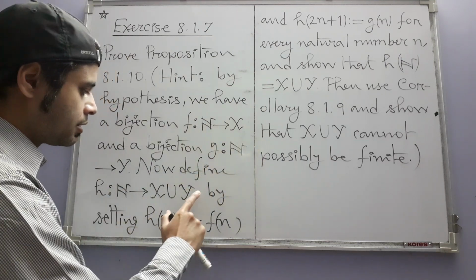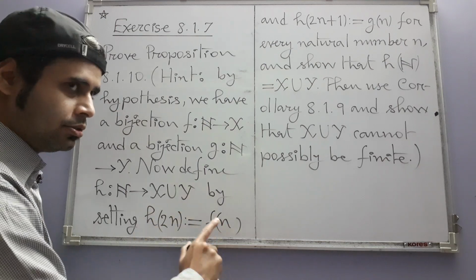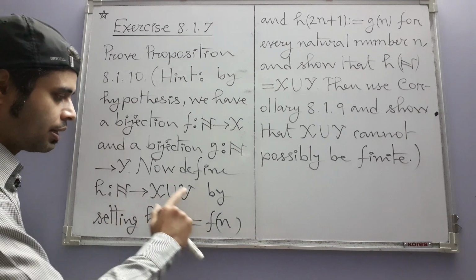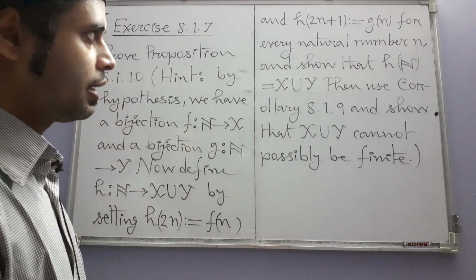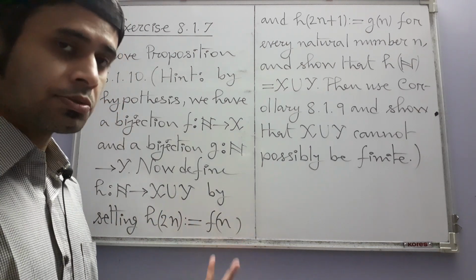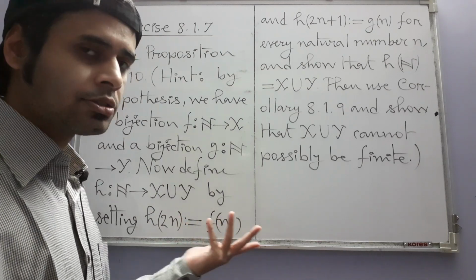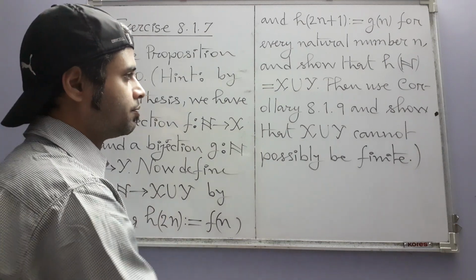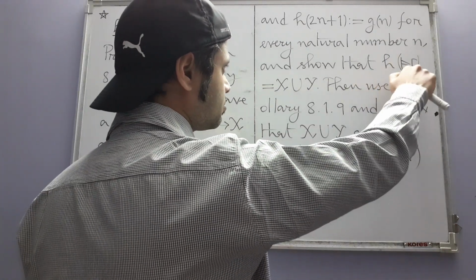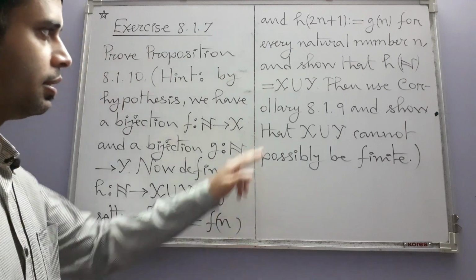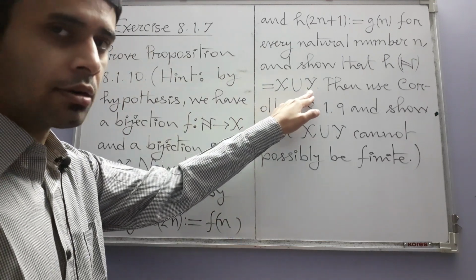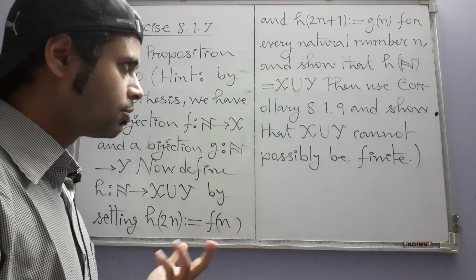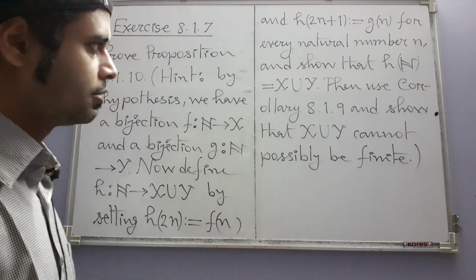Now these bijections should be used to set up a function h from N into X union Y. We will then have to show that the image of the domain under the function is the range itself, X union Y. In other words, we need to show that this h is an onto function, a surjective function.